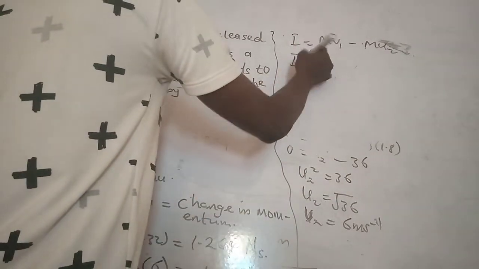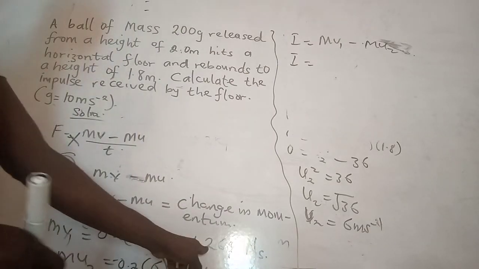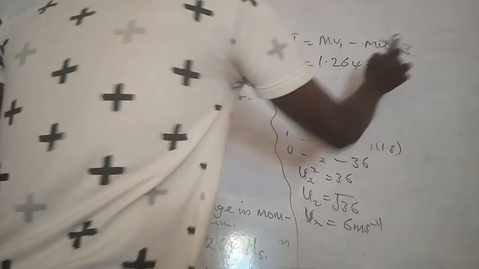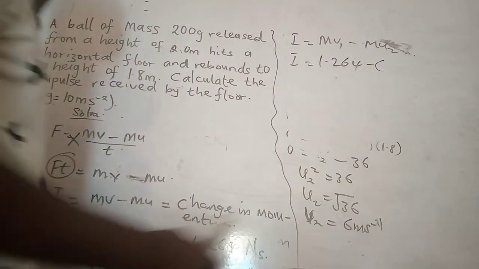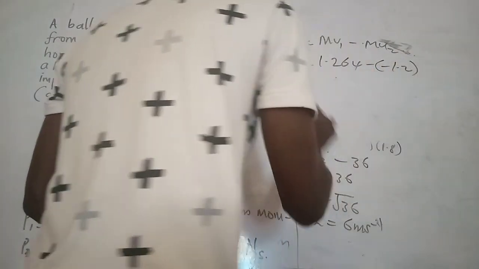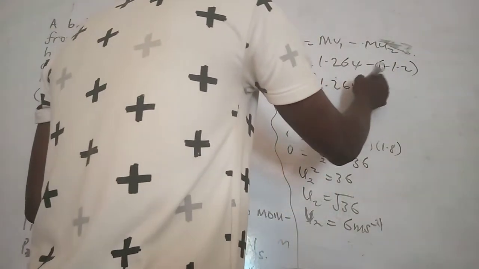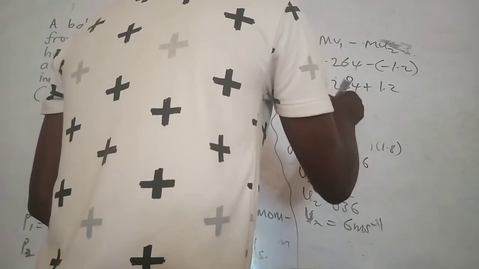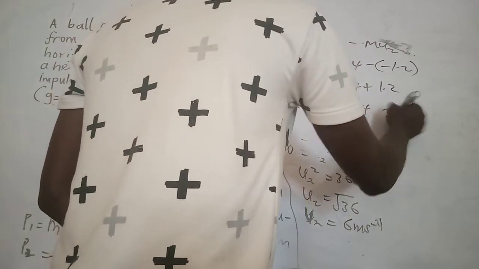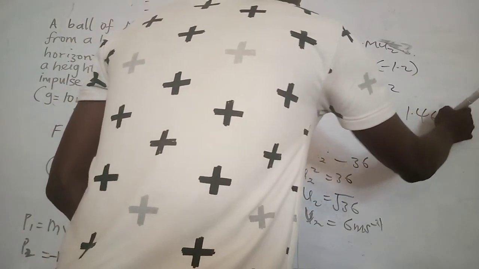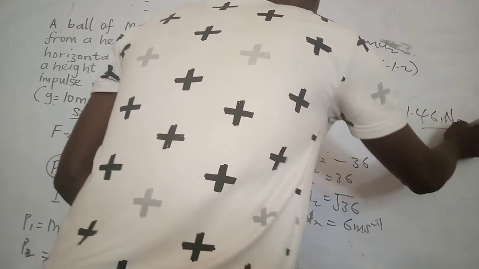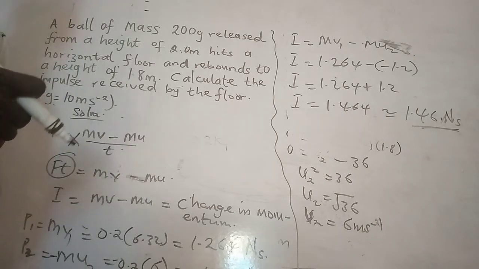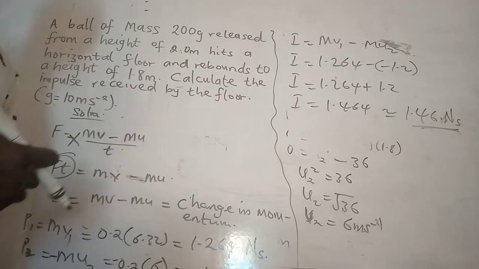The impulse I equals mv1, which is 1.264 Newton seconds, minus mu2, which is minus 1.2. So that gives us I equals 1.264, minus times minus is plus 1.2. So I equals 1.464. We'll just approximate this to 1.46 Newton seconds. So that is the impulse received by the floor at the point of impact.